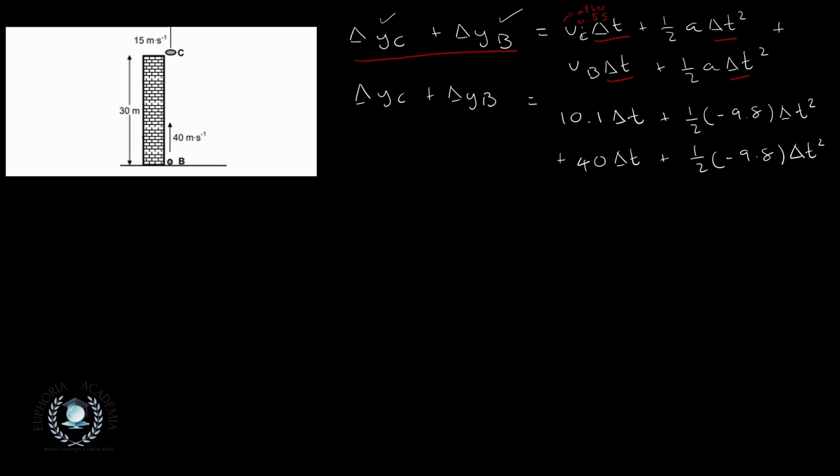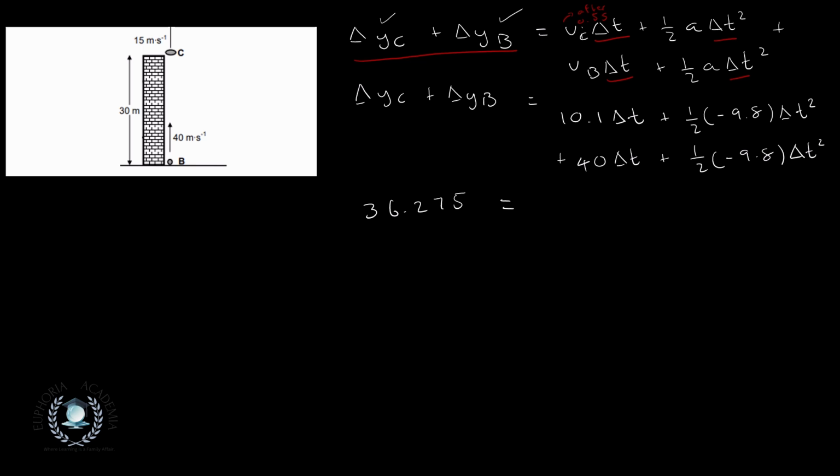All right, so let's just substitute what we have in the beginning. So YC plus YB, we already found that to be 36.275, and that is going to be equal to, now something to note, right?